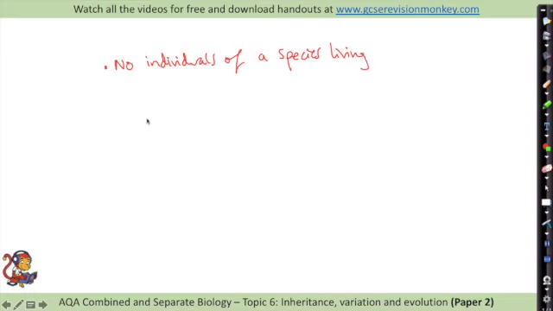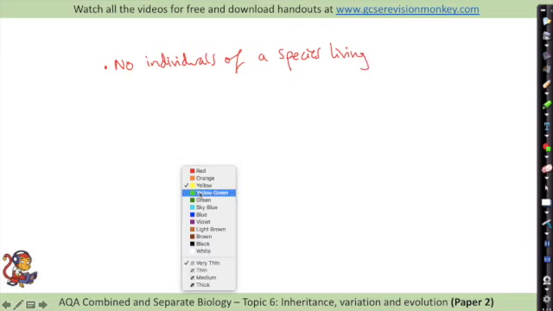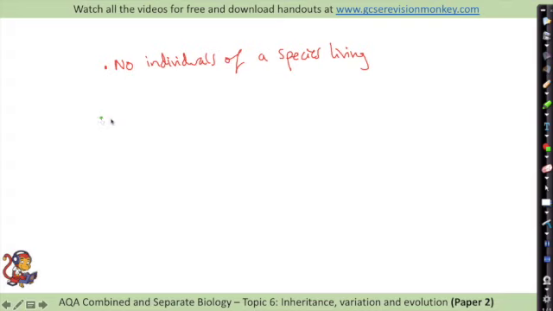This can be caused by several factors, including perhaps a new predator that has come into the habitat, a new disease. This predator could also involve hunting, so human hunting has brought about the extinction of many animals. Environmental change, so global warming, if the temperature changes.